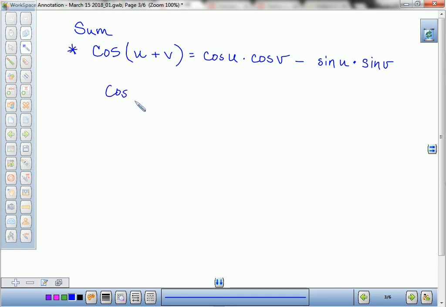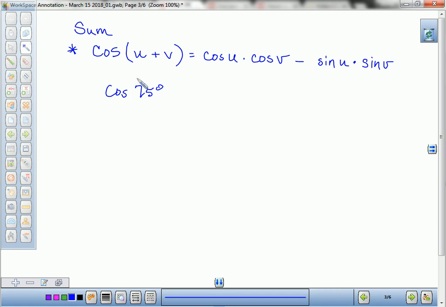So if I ask you on the next no calculator quiz what the cosine of 75 is, which won't be on tomorrow's quiz, since it's new stuff, but on your test, cosine of 75 is 45 plus 30.